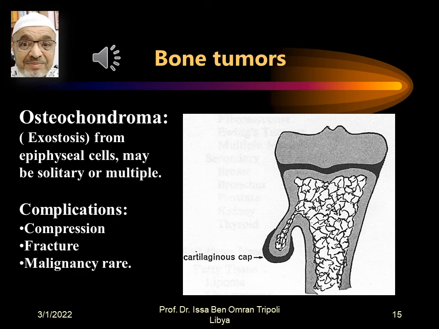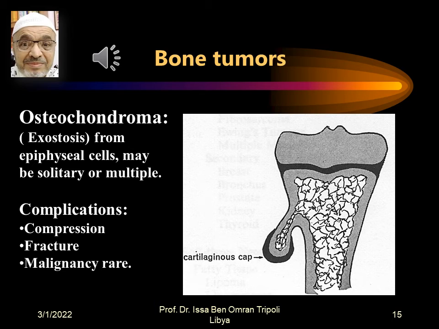This is the epiphyseal plate. May be solitary or multiple. Sometimes we find only one osteochondroma, only one exostosis, sometimes multiple, many exostosis.